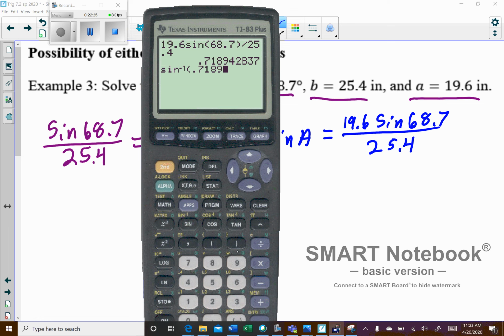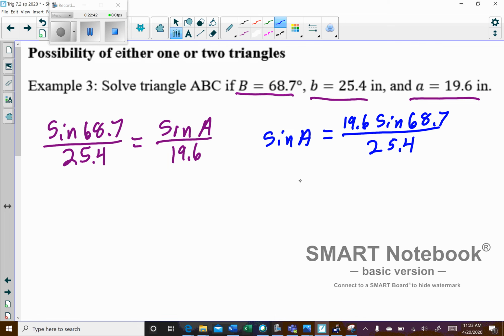Probably four decimal places is pretty good. So we're going to get 45 point something, and they gave it to us rounded to the nearest tenth, so that would actually round up to 46 degrees. That'll make life a little bit easier. So we're getting that angle A is 46 degrees.